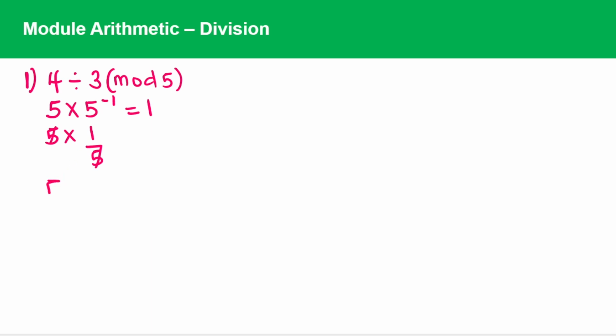Alternatively, if I ask you, what is the multiplicative inverse of 5 to the power of minus 1? Obviously, the answer will be the opposite of what we have initially, which is 5. So 5 is the multiplicative inverse of 5 to the power of minus 1 because these two numbers will multiply each other to give us 1. Therefore, let's draw a conclusion.